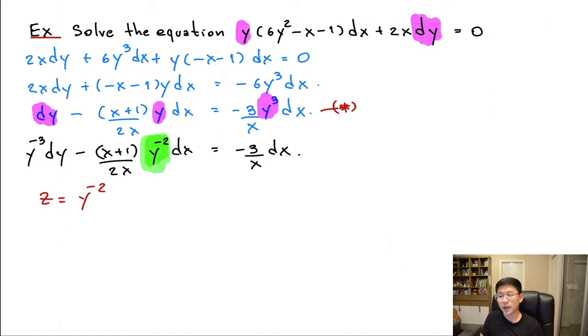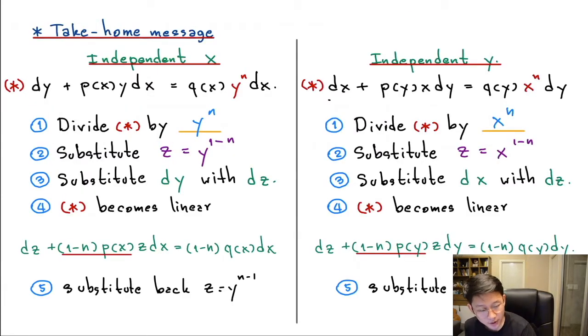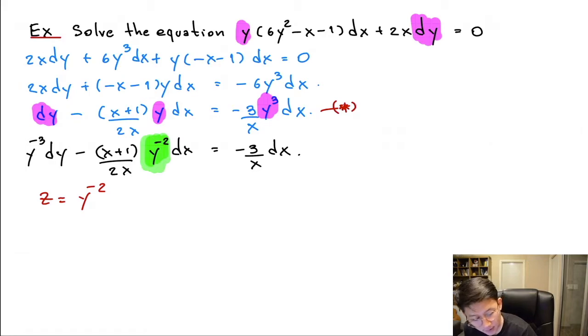Okay, so if you want to follow this take-home message, you need to look here. You will have that n is actually 3, and you need to substitute z by y to the power of 1 minus n, which is, oops, sorry, n is 3, so it's going to be y to the power of minus 2.